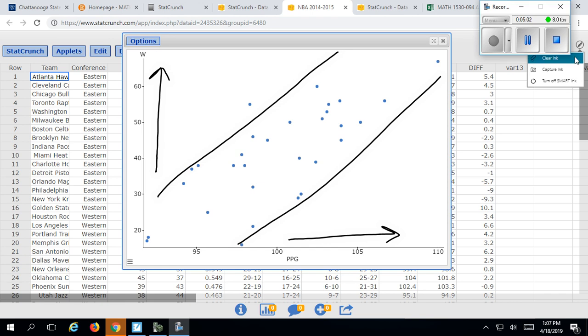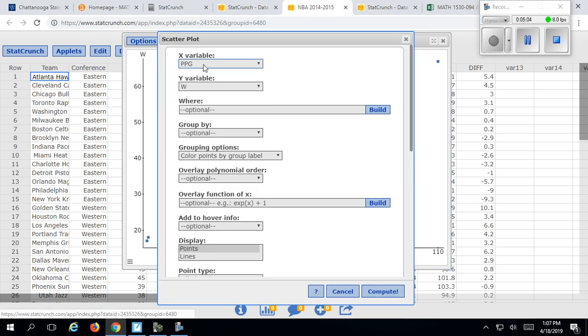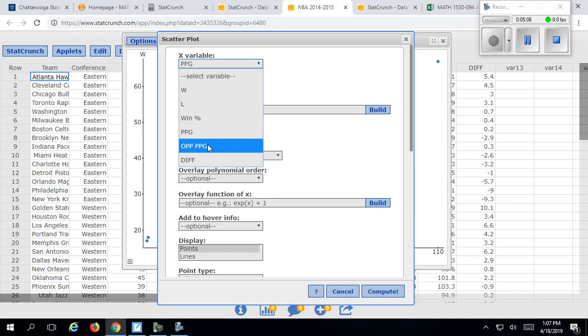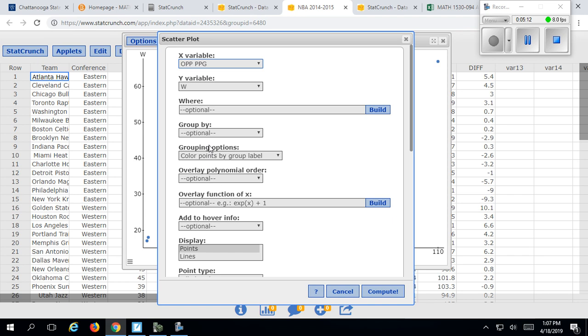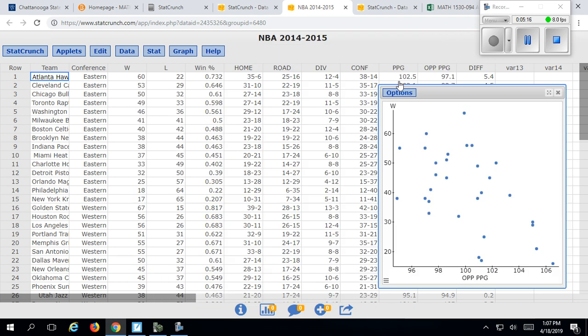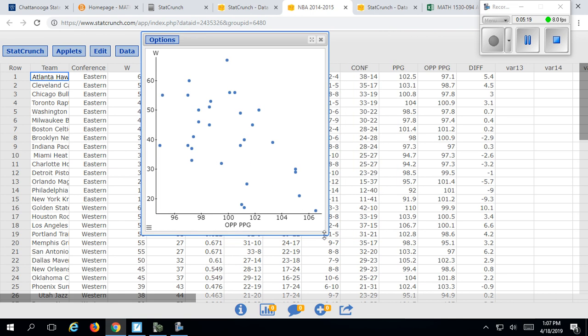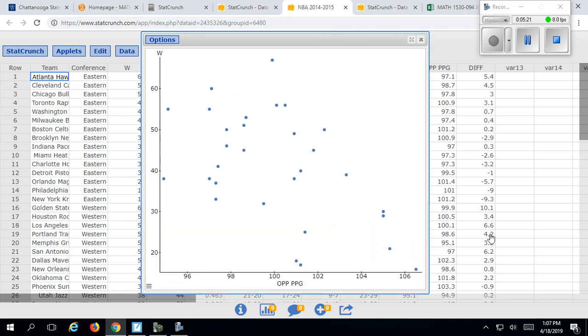I'm going to change points per game to opponents' points per game. This is their defensive metric, right? It's how many points they are allowing per game. And we've got this trend going this way, right?